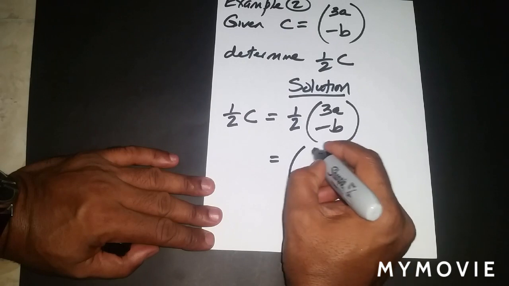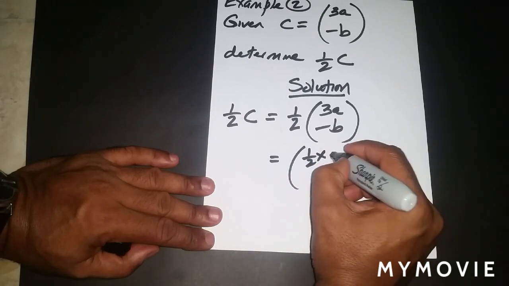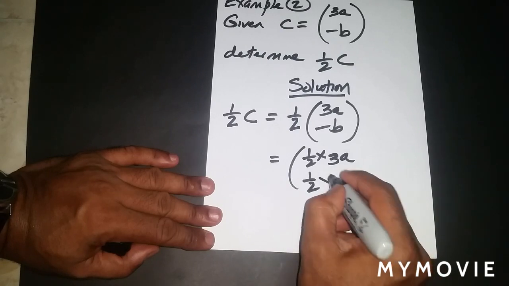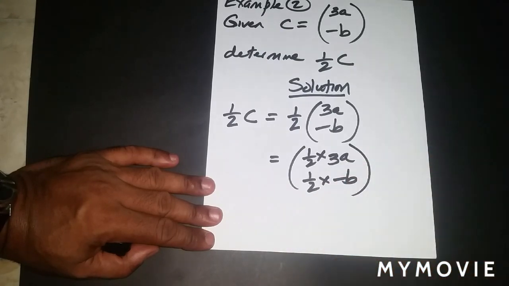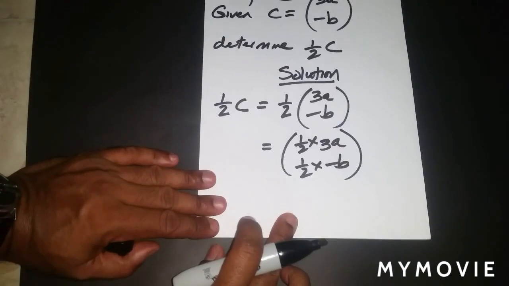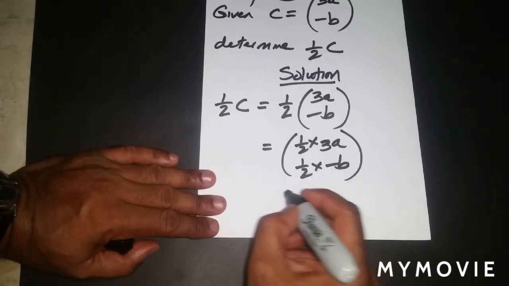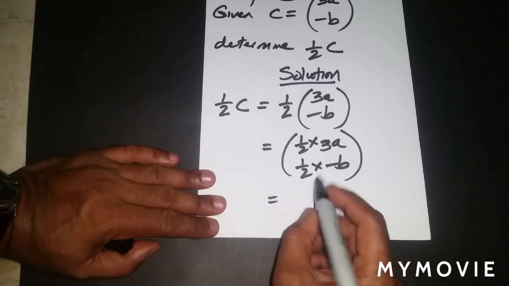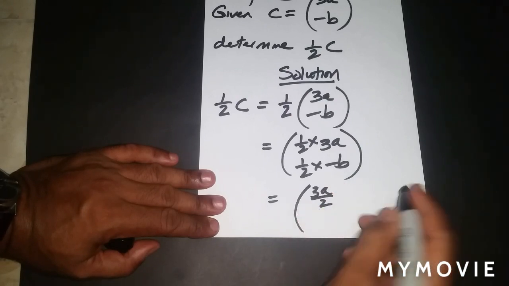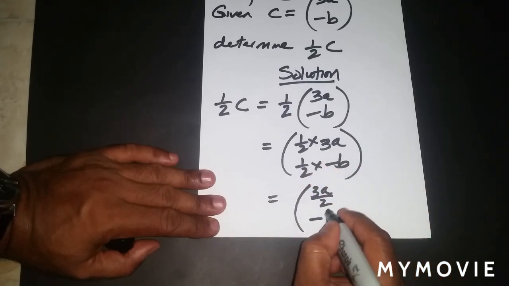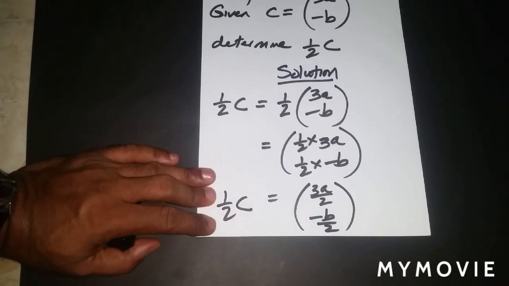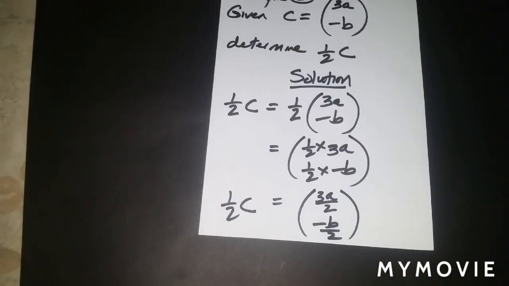It is often a good idea to write this step just for emphasis, especially when it comes to a more technical question, and I'm going to get to that in a bit. So of course, a half times 3A is 3A over 2, and a half times minus B is minus B over 2. So this is what a half C would essentially be equal to.